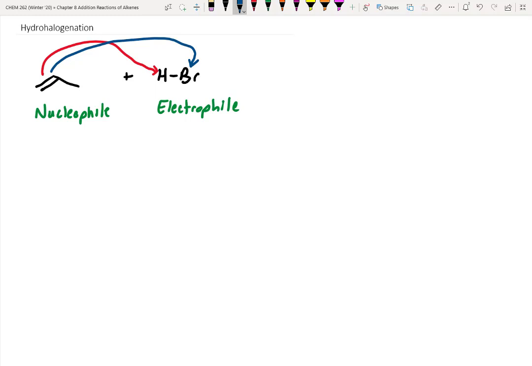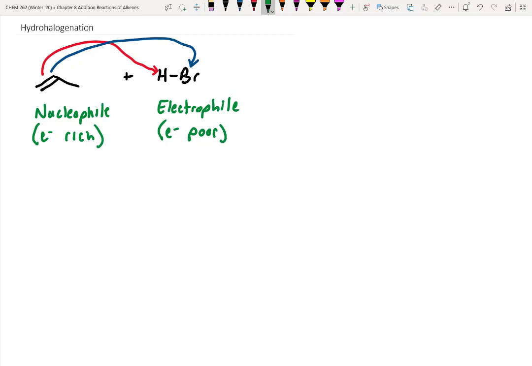All right, let's ask ourselves, what makes an electrophile an electrophile? Is it electron rich or electron poor? Okay, it must be poor, right? And over here we said a nucleophile must be electron rich, meaning it has a lone pair, a negative charge, or a pi bond, right? All right, so now my question is, which side of the electrophile is more electron poor?